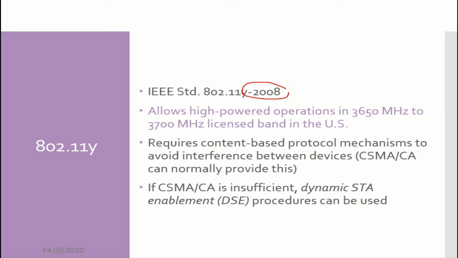802.11y 2008 allows high-powered operation in the 3,650 MHz to 3,700 MHz licensed band in the US. It requires CSMA/CA. If CSMA/CA is insufficient, the BSE procedure can be used.